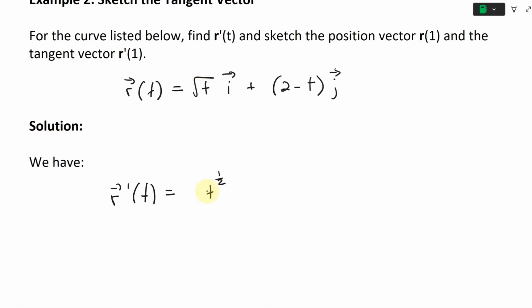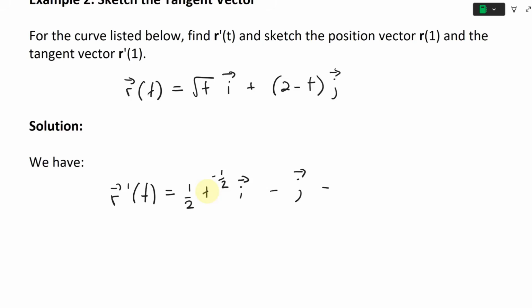So we bring the 1/2 down and then subtract 1 from the exponent. 1/2 minus 1, in other words 1/2 minus 2/2, becomes negative 1/2. So that's going to be t to the negative 1/2 times i. And now for this one, the derivative of 2 is 0, and the derivative of negative t is negative 1, so we have just negative j.